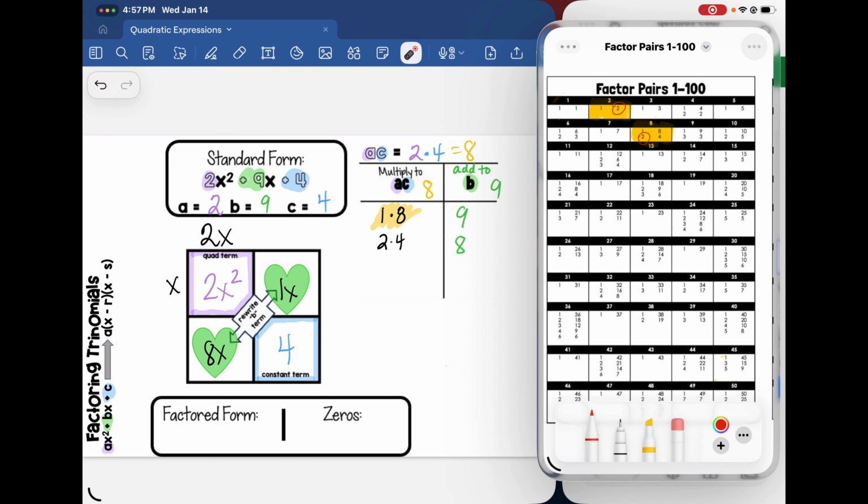Okay, now let's look at this row, because it really doesn't matter what order we go in. I can ask myself two things. What can I multiply 2x by that will give me 2x squared? Or what's the greatest common factor between 2 and 1? So I can go to my factor pair list, find factors of 1, find factors of 2.